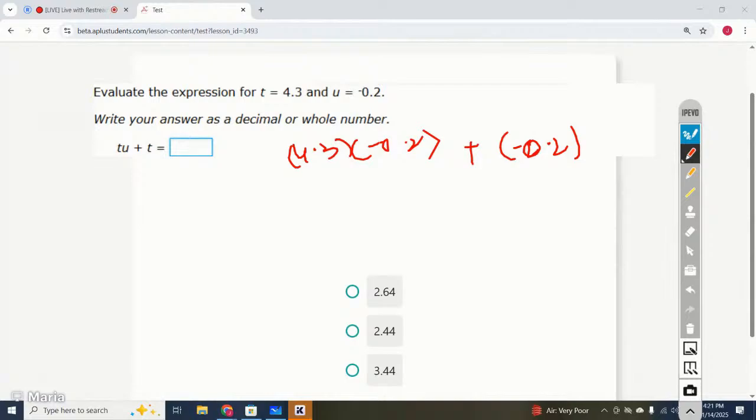So let's just multiply them. Basically, they're multiplying. 4.3 times 0.2, that is 0.86. That is 0.4.